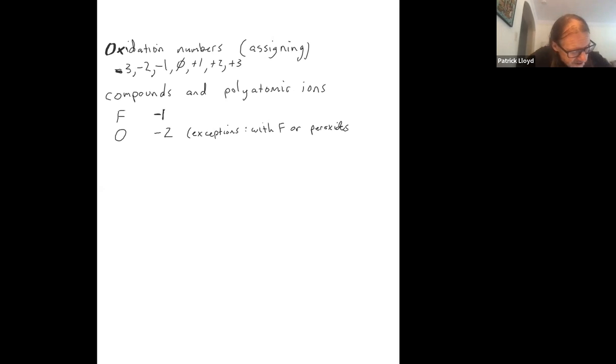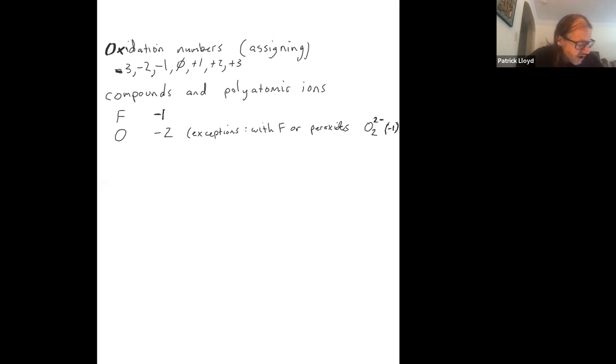A peroxide is a species that exists, and we interact with it. So this is the peroxide ion. The peroxide ion has a formula of O2 2-, okay? In this case, oxygen, I'm going to write it in parentheses, is -1.